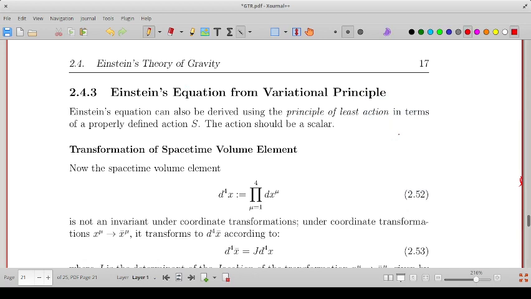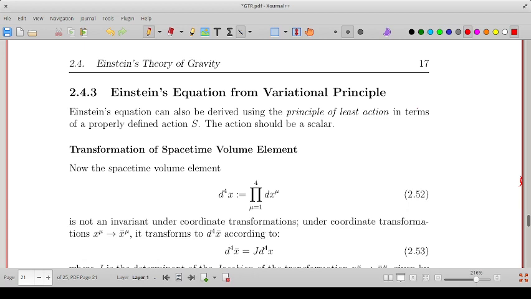Similarly, in the case of gravity also, we can construct an action, and use the principle of least action in terms of that action, and then obtain an equation which will be the Einstein equation.